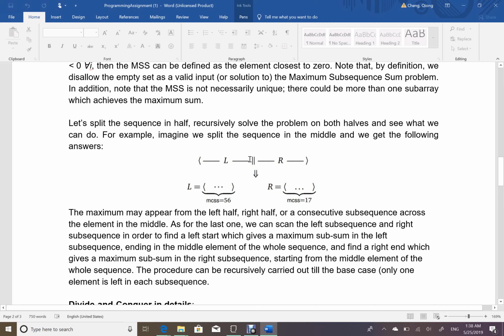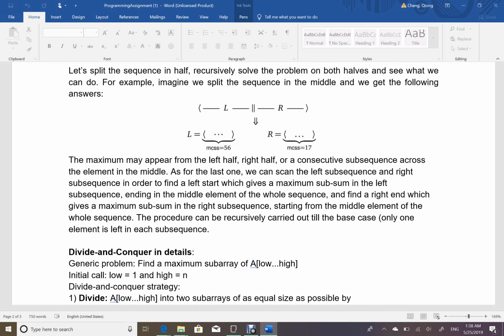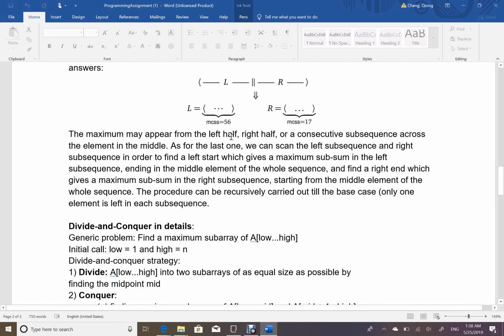Let's split the sequence in half, recursively solve the problem on both halves, and see what we can do. For example, imagine we split the sequence in the middle. The maximum may appear in the left half, the right half, or in a consecutive subsequence across the element in the middle.